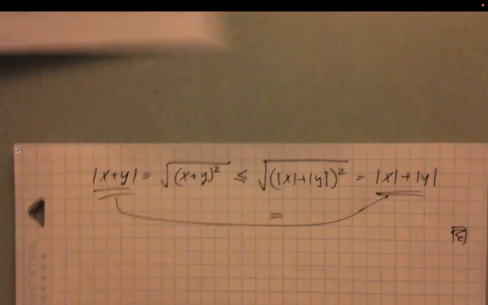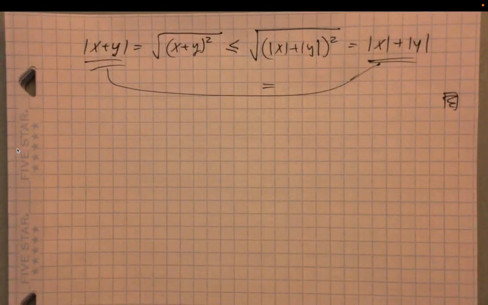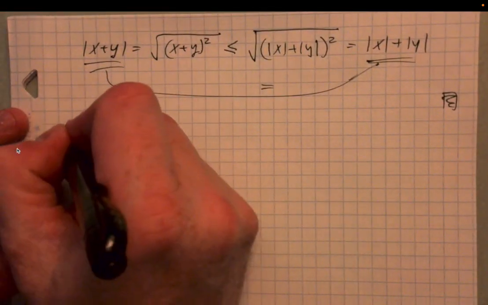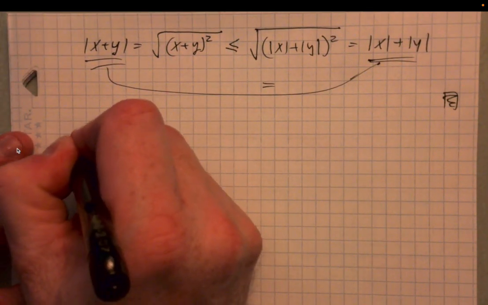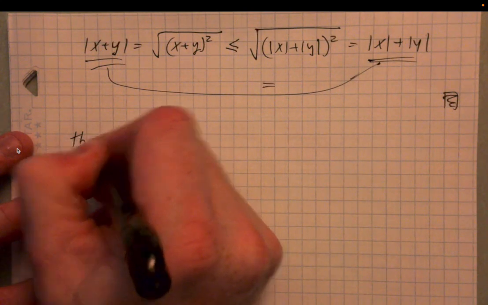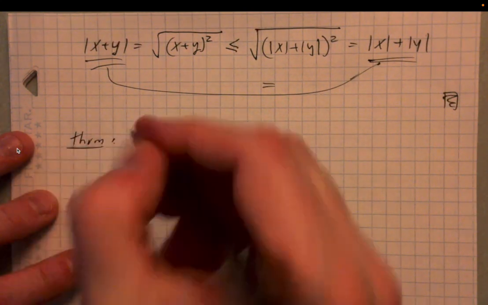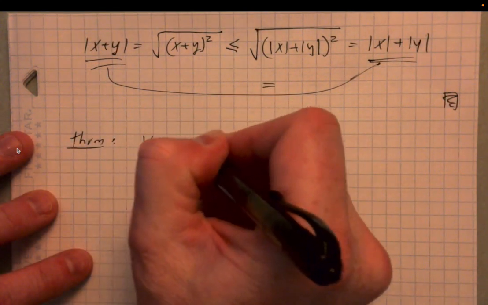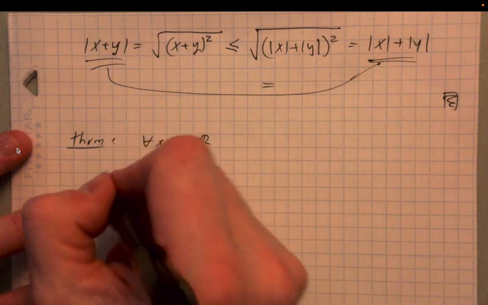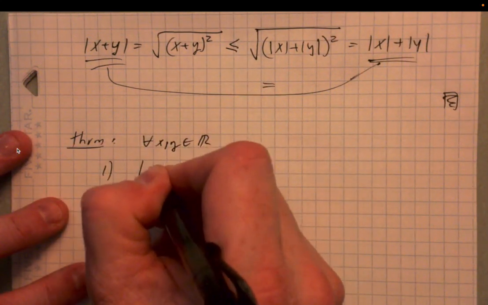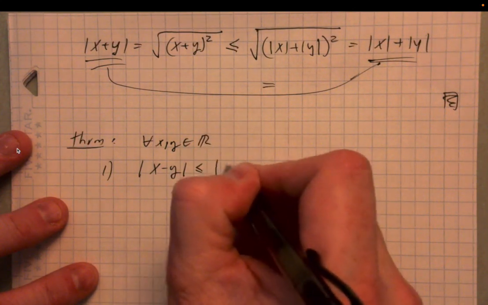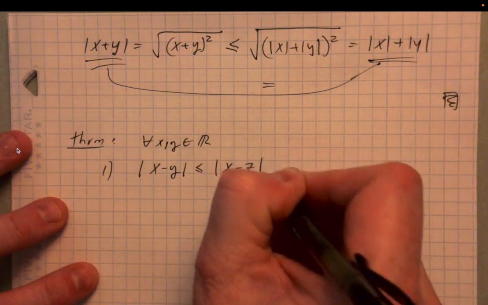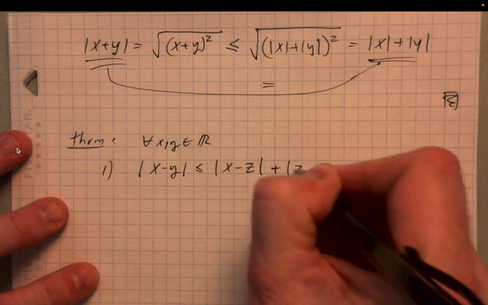Okay. All right. And closely aligned with the triangle inequality, we have the following. I would think of this as a corollary, but I'll write theorem here. So as a corollary, for all x, y, and z, we would have the absolute value of x minus y is less than or equal to the absolute value of x minus z plus the absolute value of z minus y.